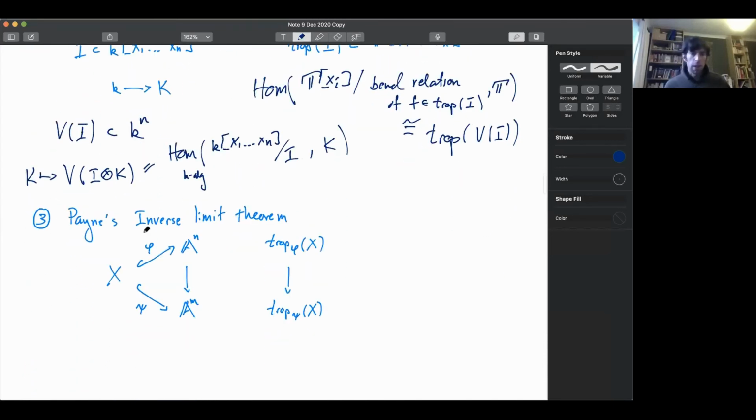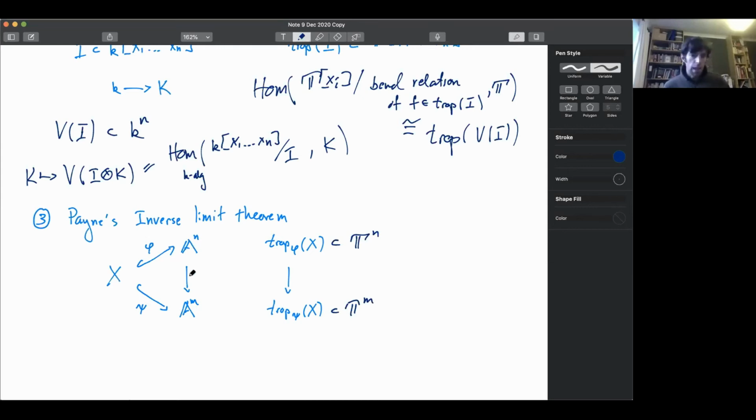And the third fact is this well-known theorem that goes back to Sam Payne, which is known as the inverse limit theorem. So given a scheme X with an affine embedding, I can produce the tropicalization, which will sit inside T to the n. And given a different affine embedding, I can produce a different tropicalization.